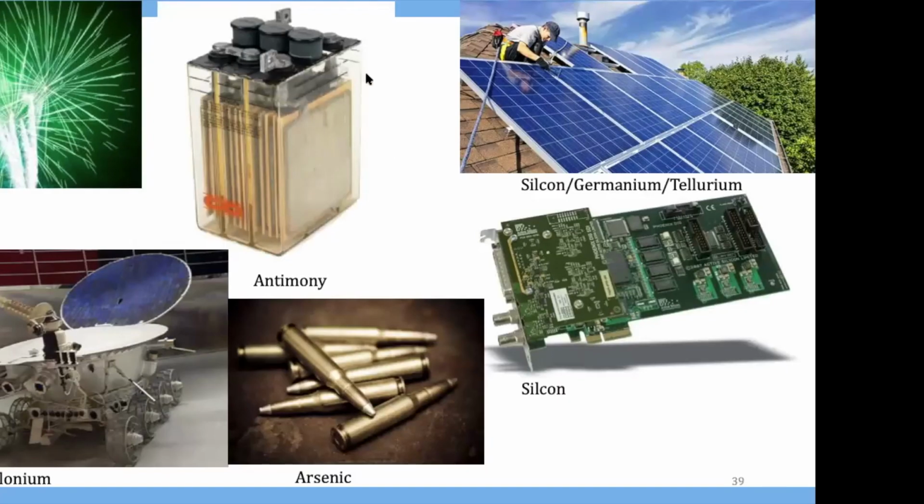All right, our semi-metals are used in all kinds of things, and obviously the most important aspect of our metalloids is things like our computer technology. Okay, silicon, being a semi-metal, is exceptionally good at electron transfer, but is less good at heat transfer.